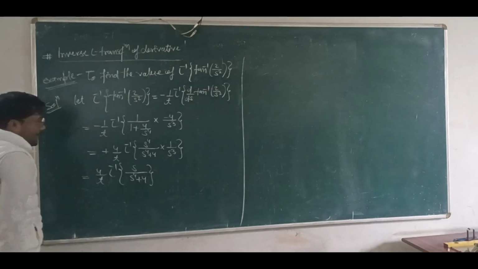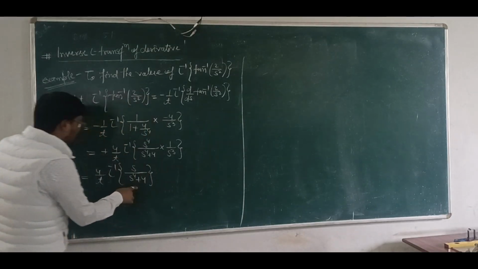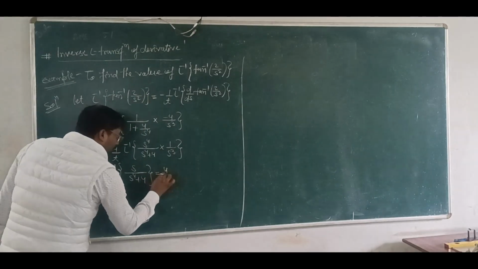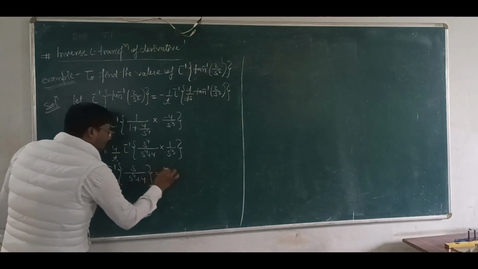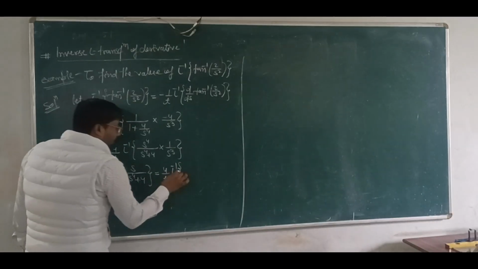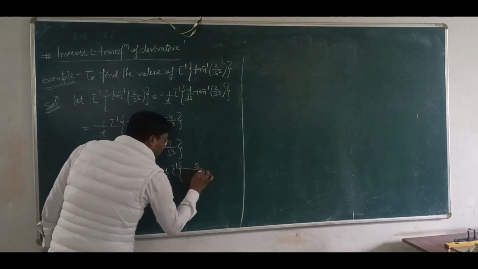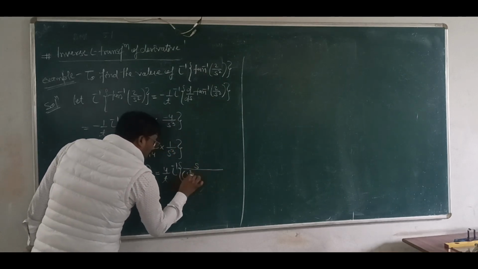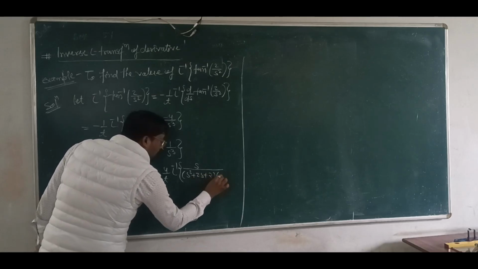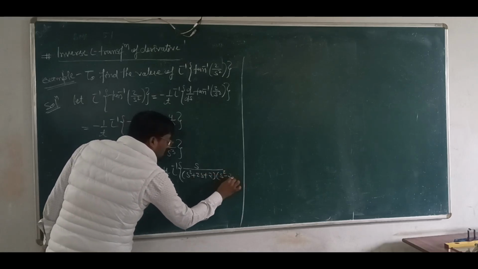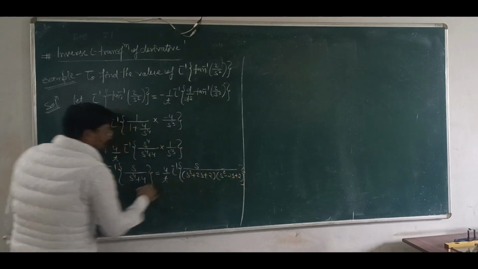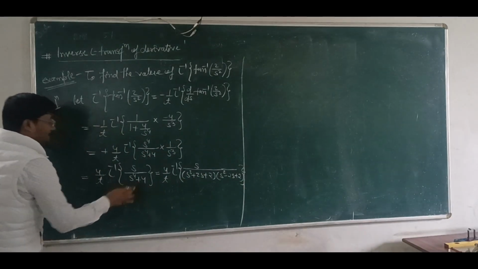Now you can break this function. You can write 4 by t inverse Laplace of s upon (s square plus 2s plus 2)(s square minus 2s plus 2). This is equal to this.